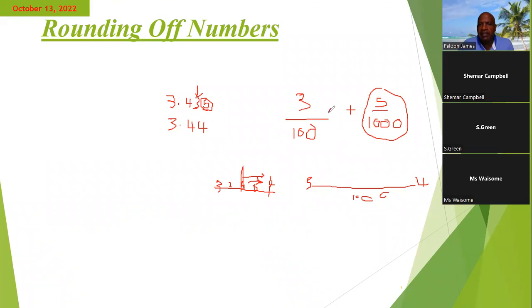So if you multiply this by 10 in the denominator, to get it into 1,000, you'd have to multiply this by 10 to get the next denominator. But what we are saying is that this 5 here would be considered half of this fraction.